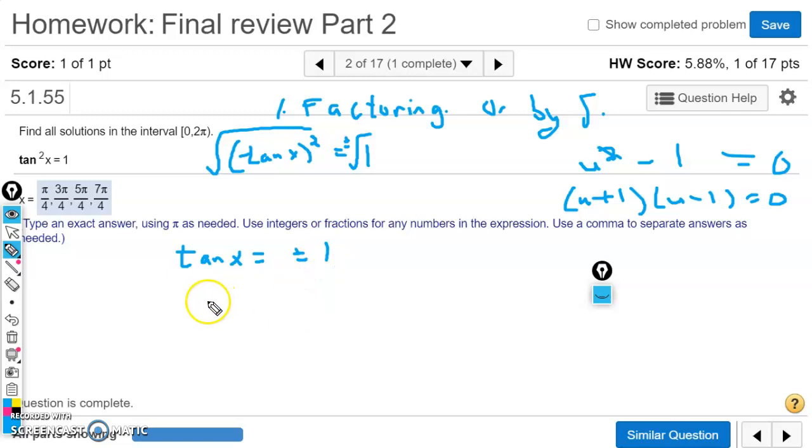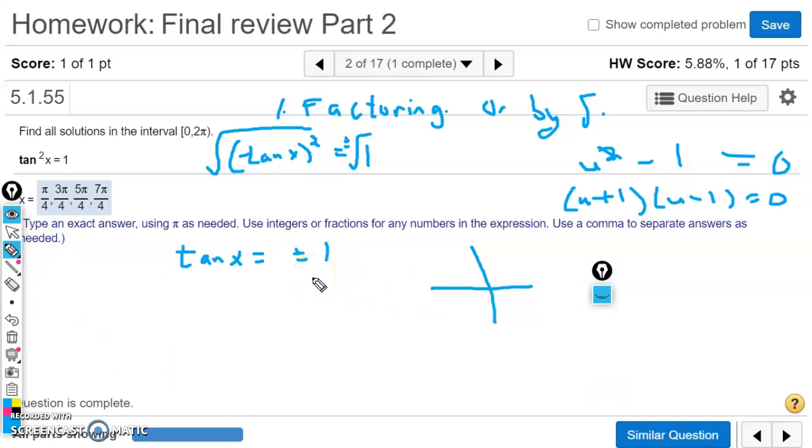All right, so let's just think for a second what this actually means. If we put an angle into tangent, the output ratio is equal to positive 1 or negative 1. Now remember that the ratios all lie along a unit circle here, okay?